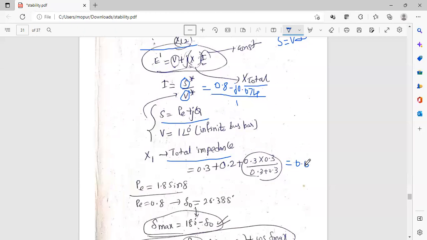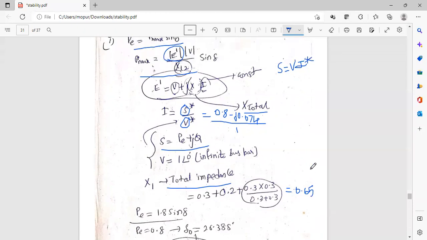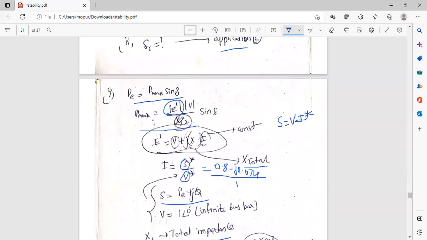Now you got X1, that is the total impedance, 0.65. You know this V is 1, the voltage at the infinite bus bar, and you know the current.